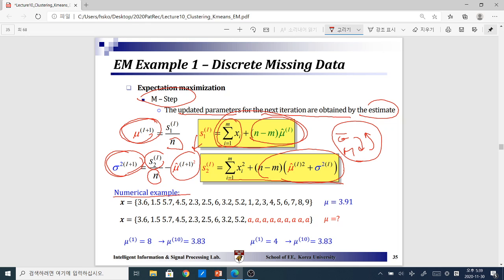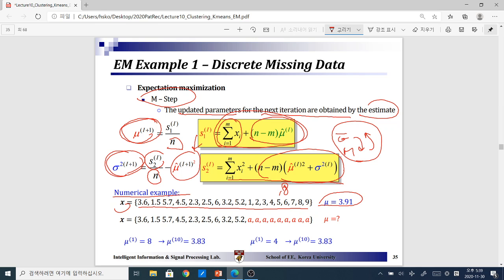So here's a numerical example, which I have just as an illustration. I have just a sequence of values. There are, I think, about 18 numbers, where if we have all the values revealed, then the mean in this case would be 3.91.